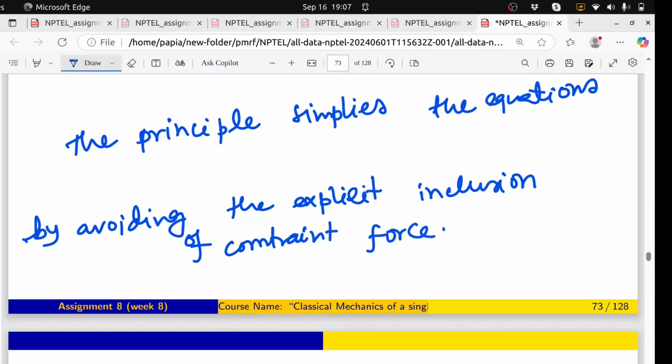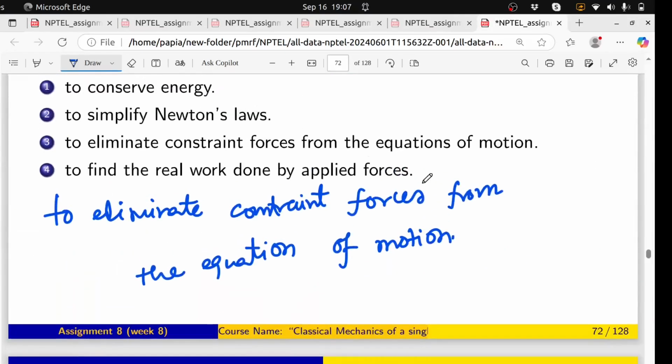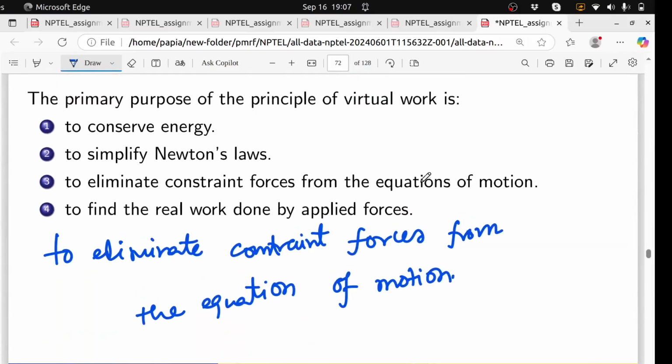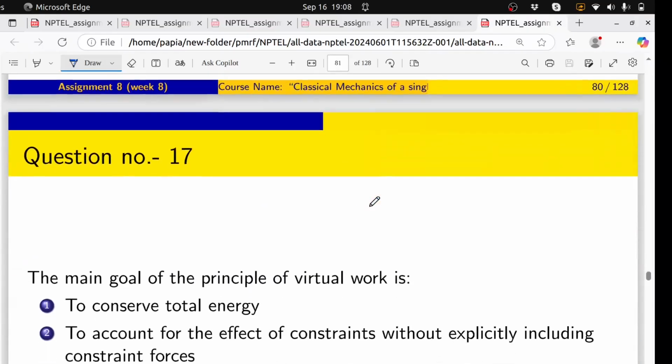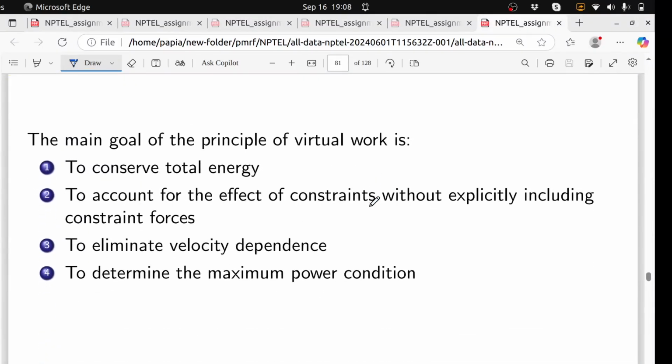Actually, the constraint forces are very much problematic for our calculation because we don't know the behavior of these constraint forces that much. So to eliminate the constraint forces, we have to include the principle of virtual work. If I include the principle of virtual work, then we can safely ignore or eliminate constraint forces from the equations of motion. That is the main goal of the principle of virtual work.